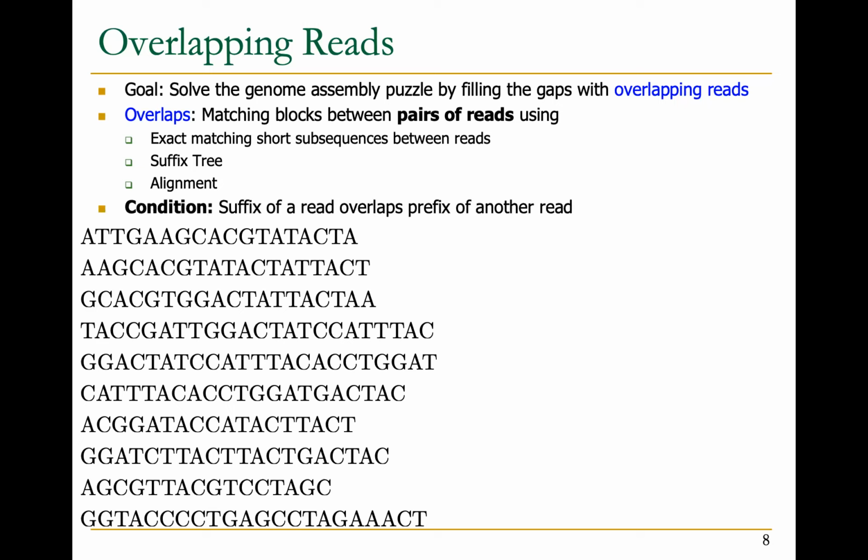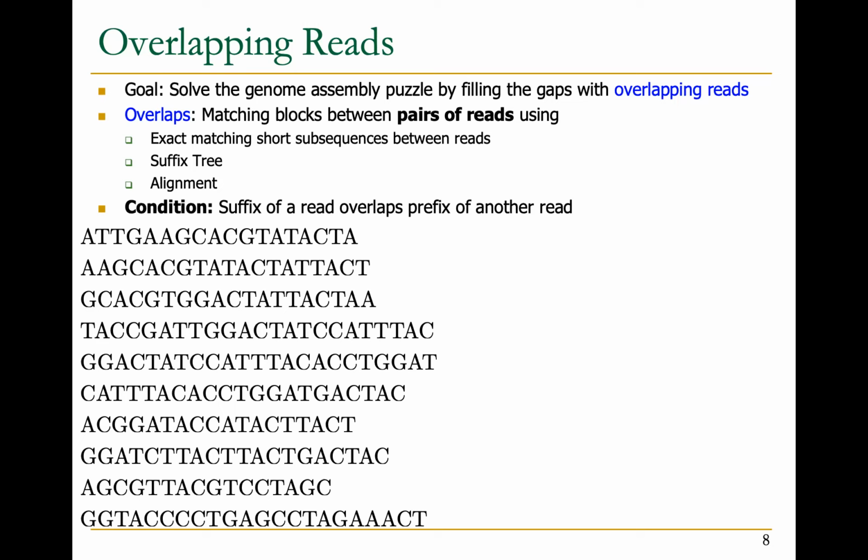There's a very strict condition when identifying the overlaps, which is that the suffix of a read overlaps the prefix of another read, meaning that if two reads are overlapping, one of them shouldn't be fully contained within another read, because we want to actually extend our knowledge with overlapping reads, right?